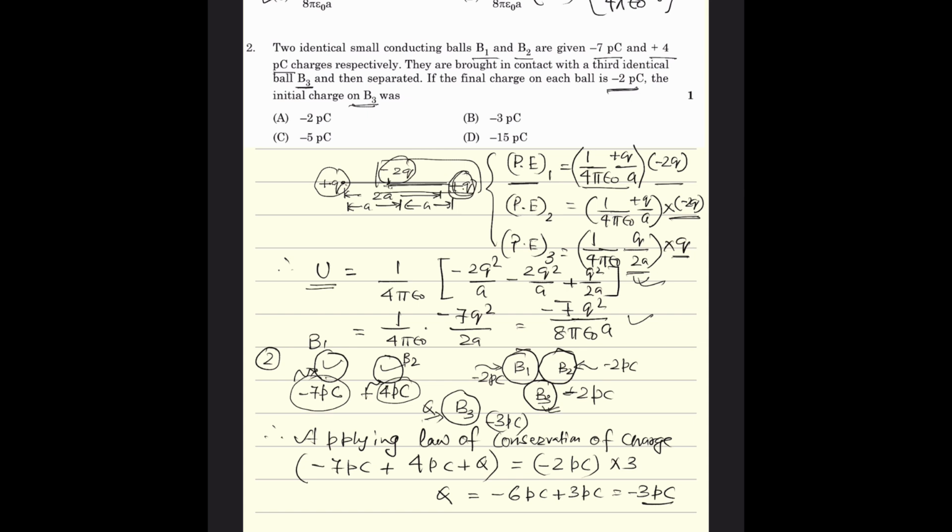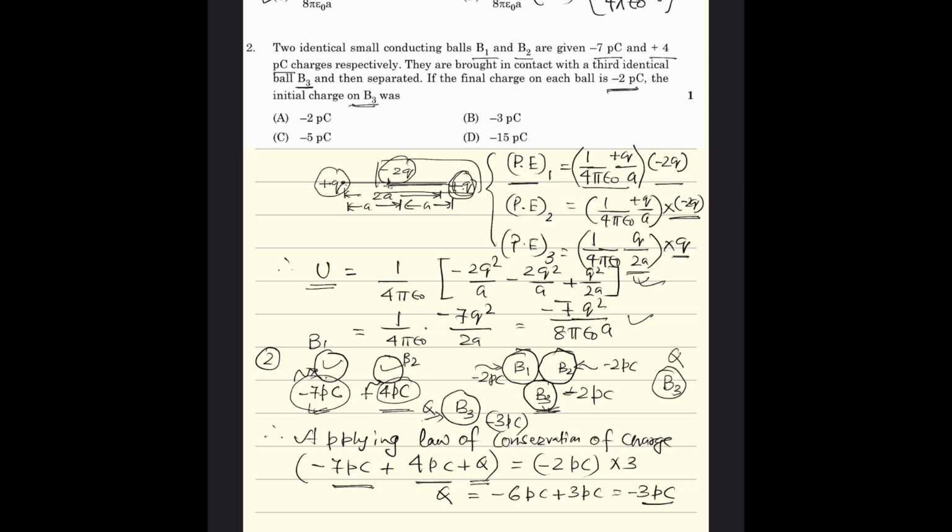Before connecting them, what was the initial charge of this system? Suppose in ball B3 the initial charge is Q. The charge in B1 is minus 7 picocoulomb, in B2 is 4 picocoulomb, and in B3 is plus Q. That Q we have to find out.